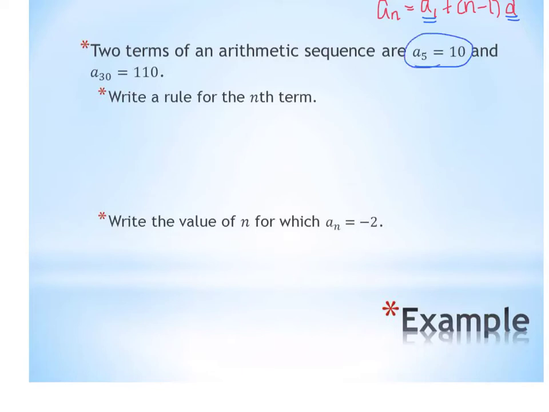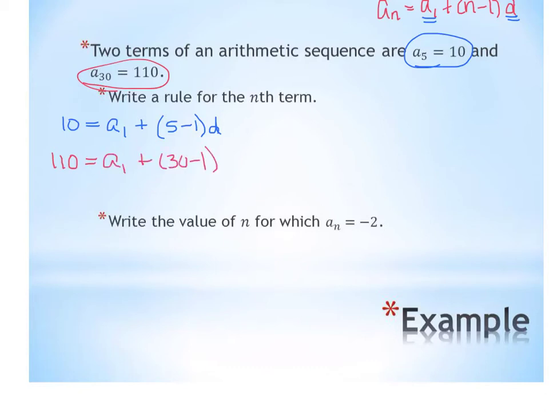If I put in a sub 5, a sub n becomes 10 equals a sub 1 plus n, well, this is the fifth term, times d. And if I put in the 30th term, a sub n is 110 equals a sub 1 plus 30 minus 1 times d.